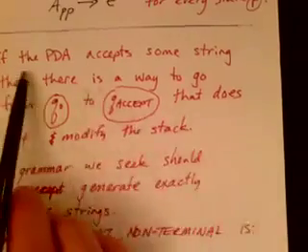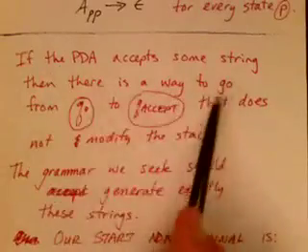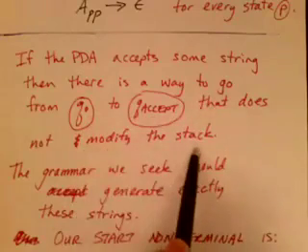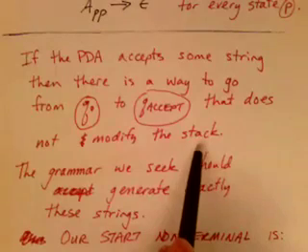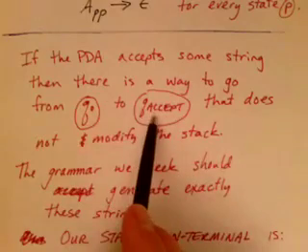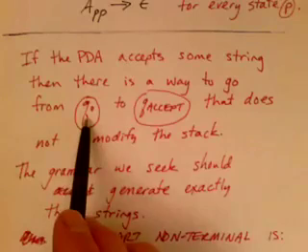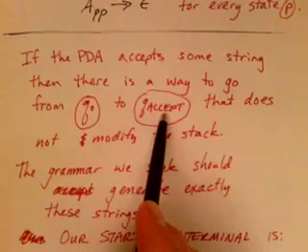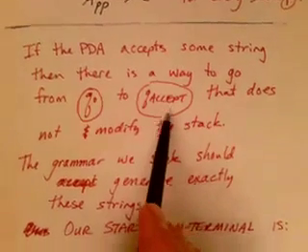Okay, if the pushdown automaton accepts some string, then there's a way to go from the starting state to the accept state that does not modify the stack, because our pushdown automaton starts with an empty stack and it ends with an empty stack. So we can go from Q0 to QAccept, and the set of strings that will take us from Q0 on an empty stack to QAccept with an empty stack is exactly the set of strings that the pushdown automaton recognizes.